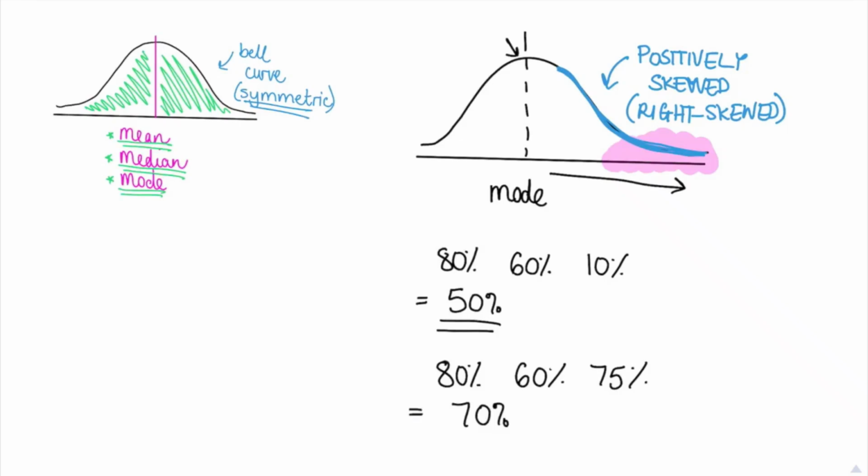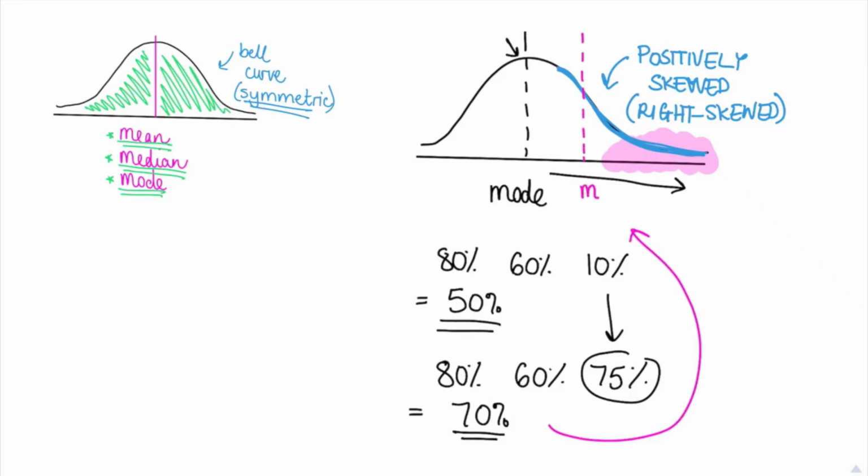So you can see that if we're increasing numbers in our data set, our mean is going to increase as well. So if we go back up here, I'm going to exaggerate it a little bit, but we'll pop our mean here, as it's going to be pulled in the direction of the extreme values.